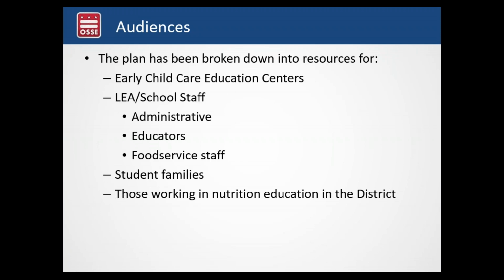So the section has been tailored for them. It includes activities and actions that are specific for them. Now this includes early child care education centers, LEA and school staff, and that was divided by administrative staff, educators, and then food service staff. We have students' families, and then we have anybody else that's working in nutrition education in the district.